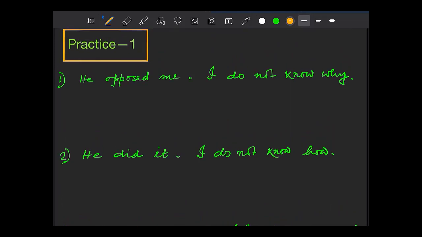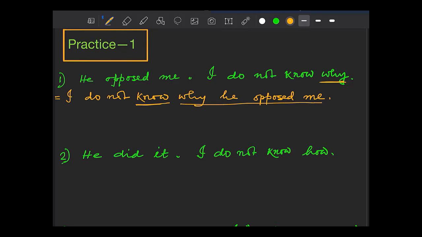Now see your answer. He opposed me. I do not know why. Why he opposed me? You have got a very easy sentence. Just write, I do not know. You have got why. Why he opposed me. See, I do not know. Know is the verb, and this part is the object to the verb know.